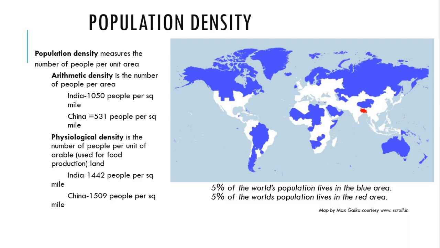But because of the dry climates and the mountainous environments in much of the West, only 14.86% of China is considered arable. That's a considerably smaller amount. So here, there are 1,509 people per square mile in terms of physiologic density. So surprisingly, China is actually more dense than India.